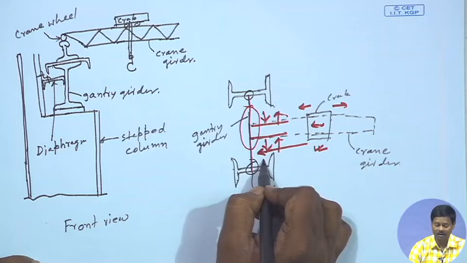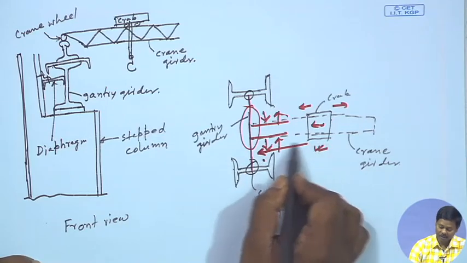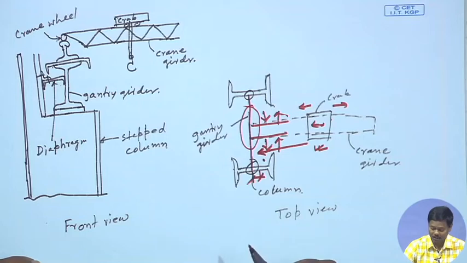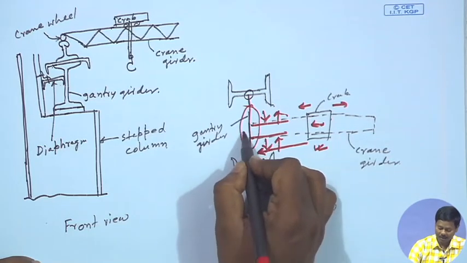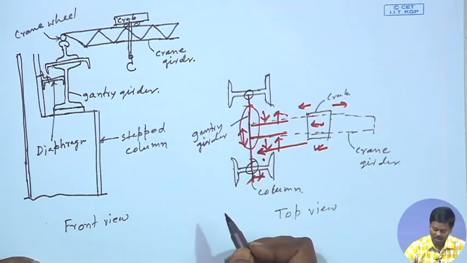And once the crab position is located, depending on the clearance from the gantry girder to the crab wheel location, we can again find that the crane can move in this way, right.